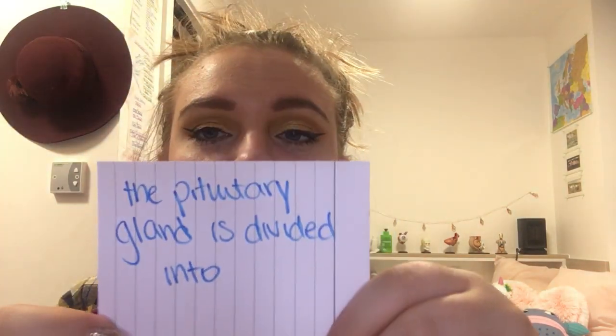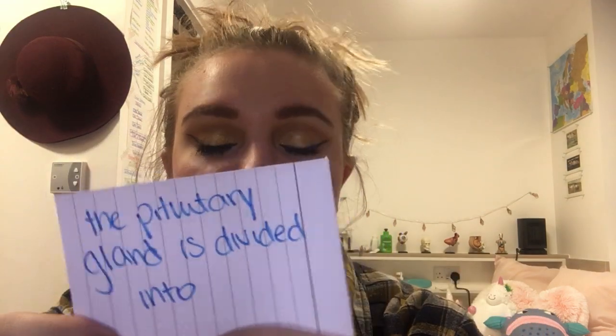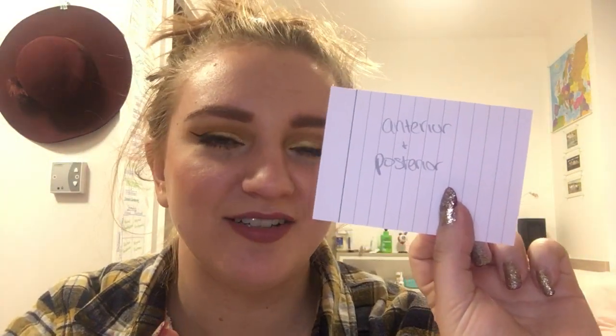The pituitary gland is divided into, so for the pituitary gland, we just say the anterior pituitary gland and posterior pituitary gland. Whew, I think I've had just about enough. Get through the rest of these.